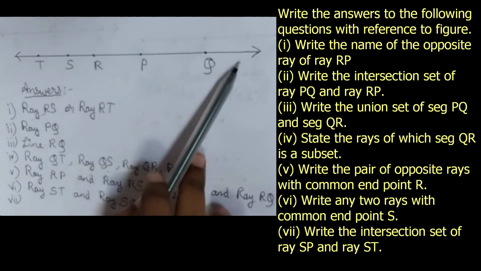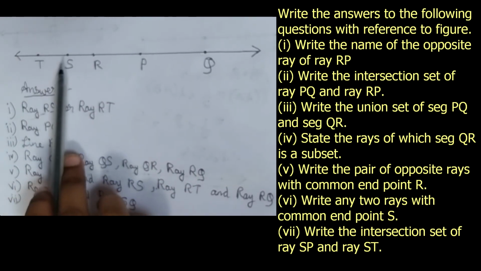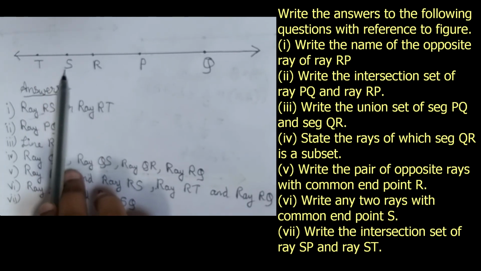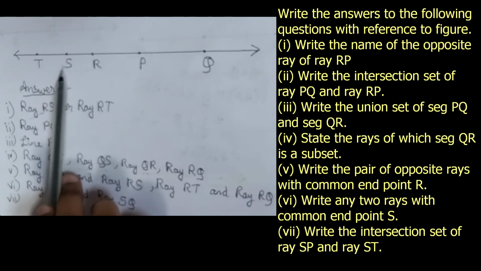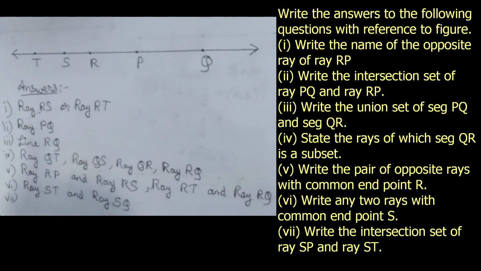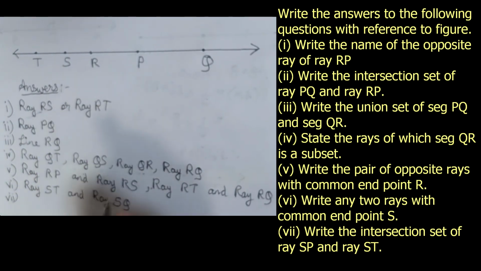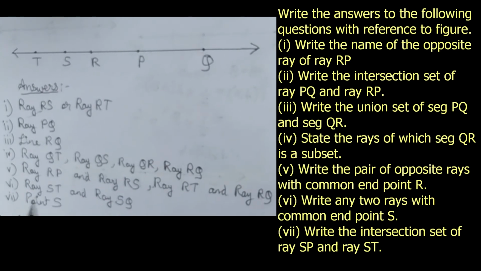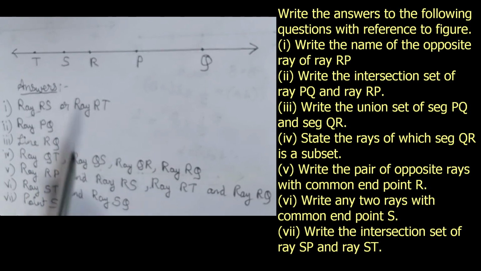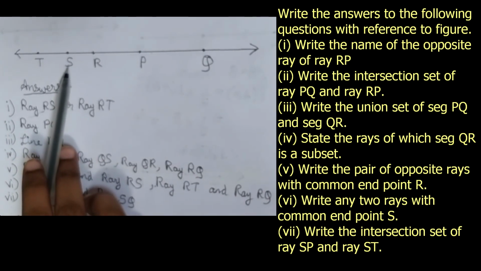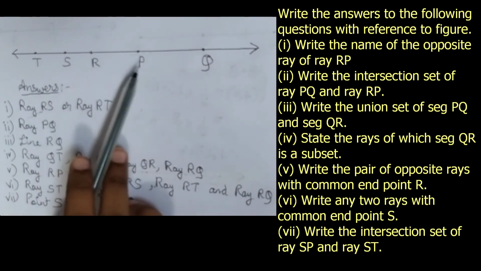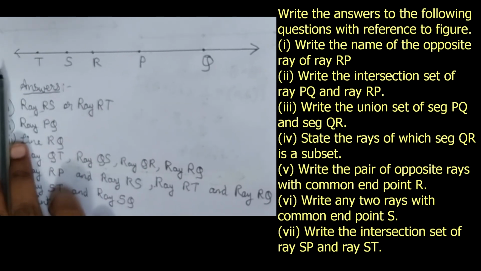Only the point S is common, nothing else. So the answer is point S. Only the point S is common in ray SP and ray ST.